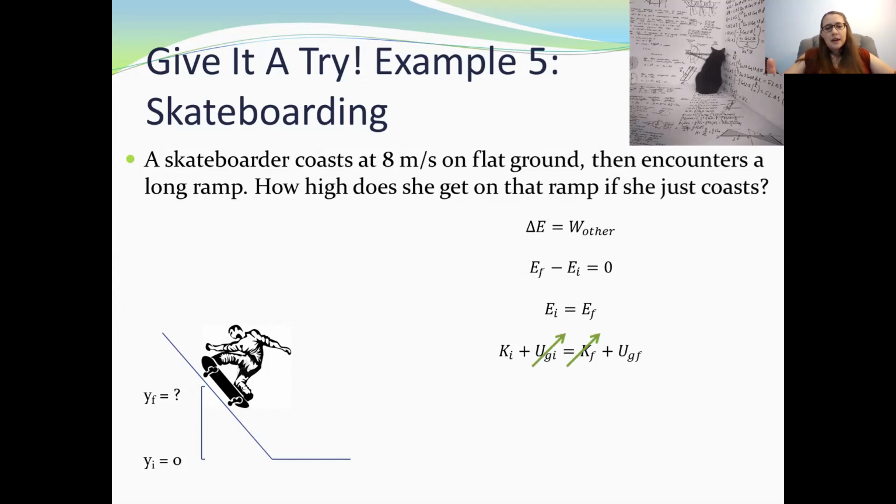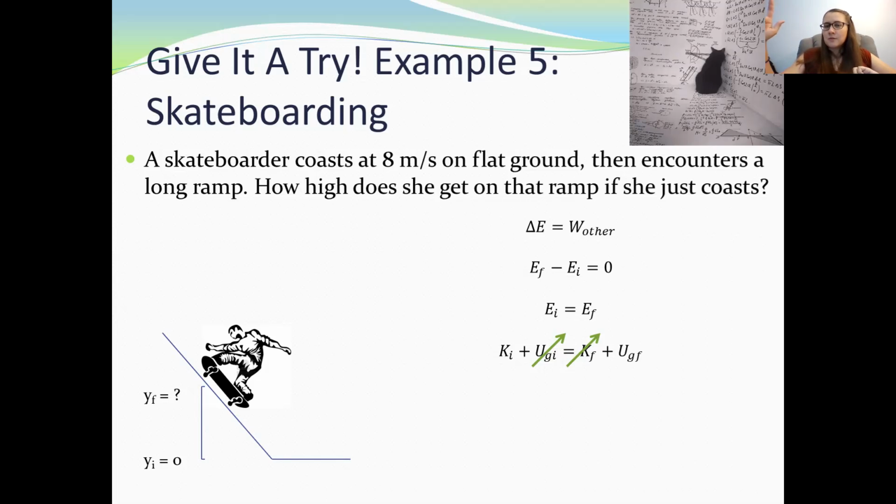So thinking through that then, right? At first, our skateboarder is on the ground, so he has no gravitational potential energy, no potential to fall to the ground if he's already sitting on the ground. And since we're interested in how high the skateboarder gets on the ramp, once she's gotten to that maximum height, she will not continue to move farther up, right?